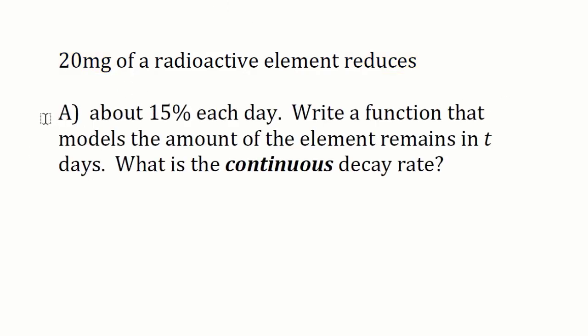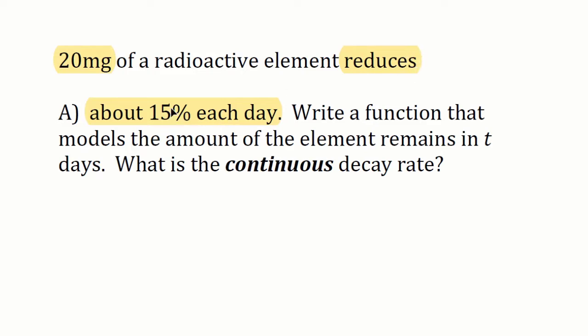All right, so now in part A, we know all of this information right here: 20 milligrams at start, and it reduces, indicating that it's an exponential decay problem, and it reduces about 15% each day. So now we have a rate, and in this problem it's an exponential decay problem.